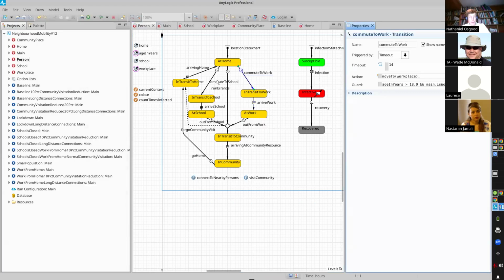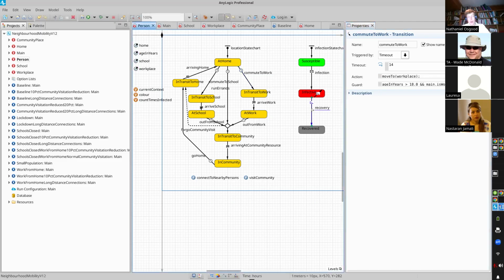So these little icons, the fact that this has a clock and this has, I think it looks like an exponential distribution, this is a message, a sort of little envelope. That's not an accident. This is a timeout transition. This is a rate transition. So this fires after a certain time that you dictate when you come in here, its originating state.